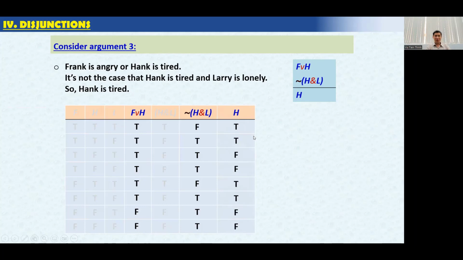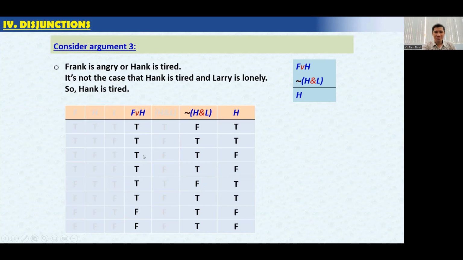Okay, now you decide. Valid or invalid? See how many cases there are when all the premises are true. We have 2 premises, so just consider the cases when both of the premises are true.